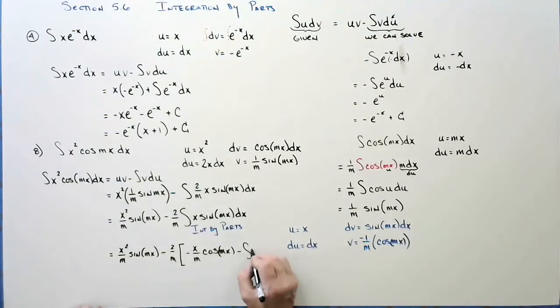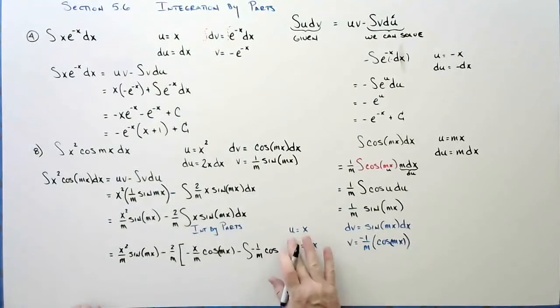So that's going to be minus 1 over m cosine mx. We're going to have to erase this to make some room. dx. And we close our grouping symbol because we still have this factor of negative 2 over m.